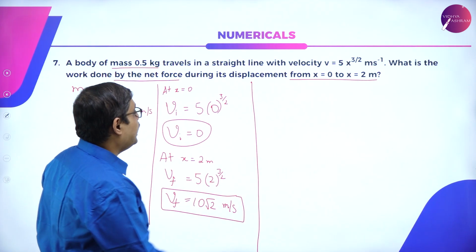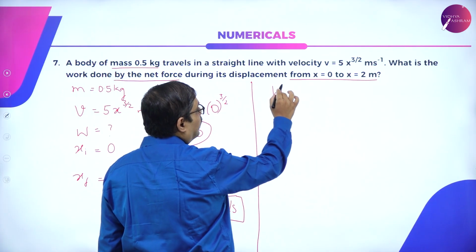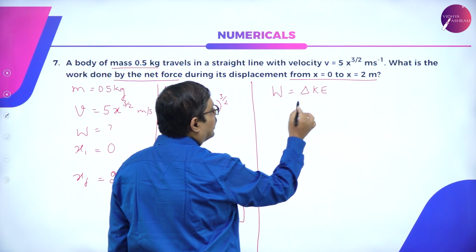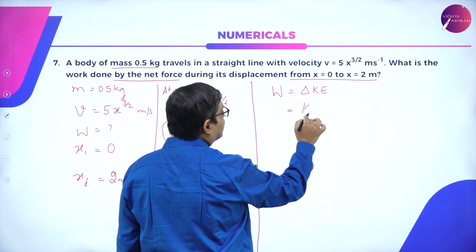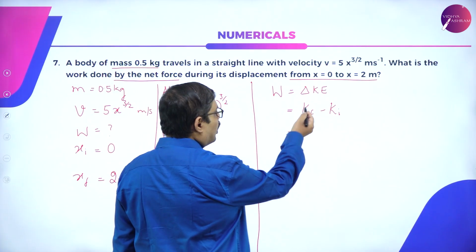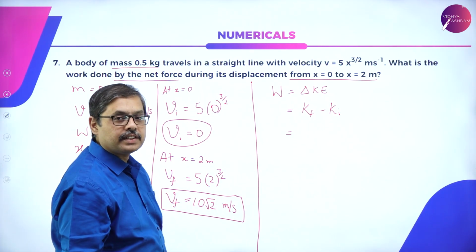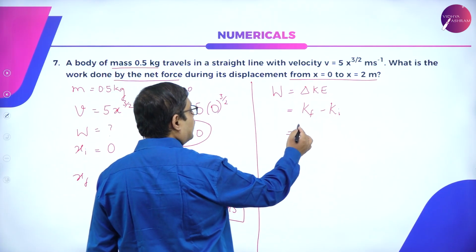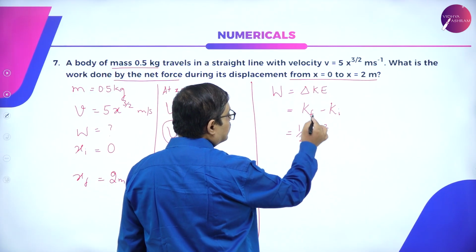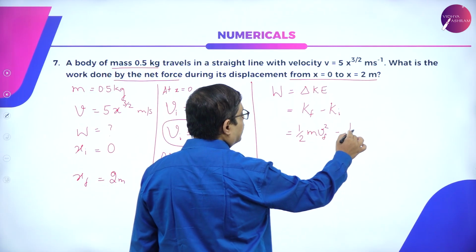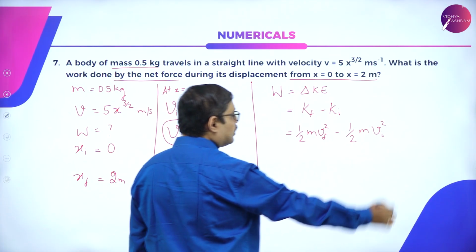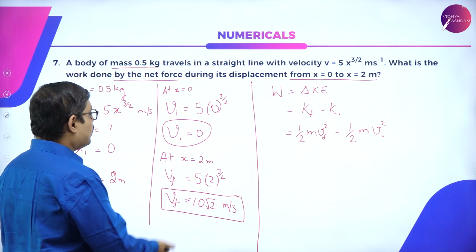What do I know? I know that work done is equal to change in kinetic energy, final minus initial. Kinetic energy is given by half mv square. This is half m v final square minus half m v initial square. What do I know about the velocities?